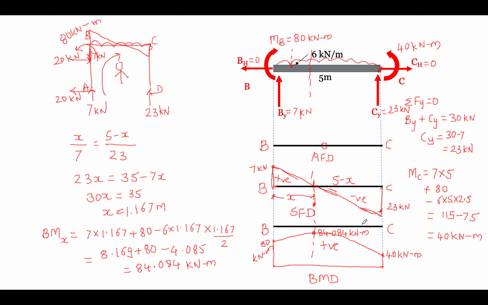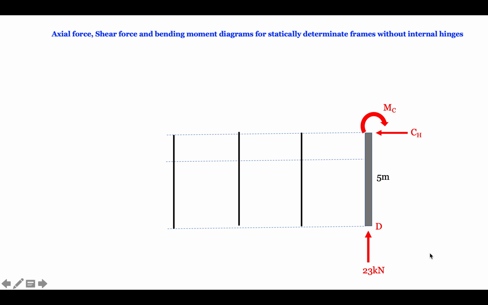So we are done with this, and now we will go for the third case. Here in this particular case we can see that there is no horizontal force, so this also becomes 0. And moment at C, what we have got here.